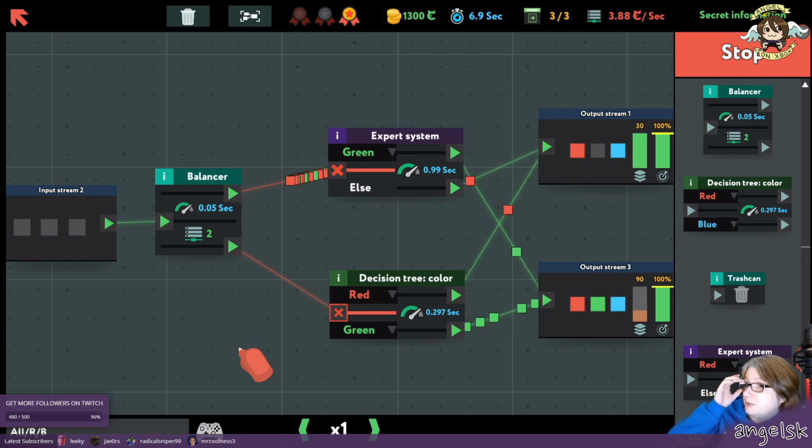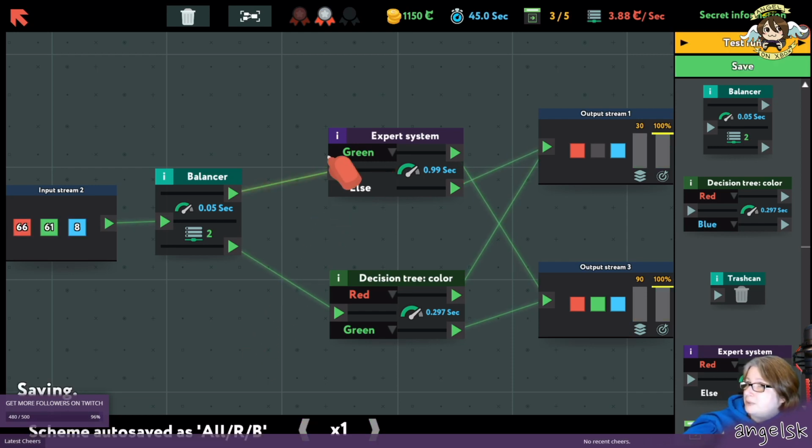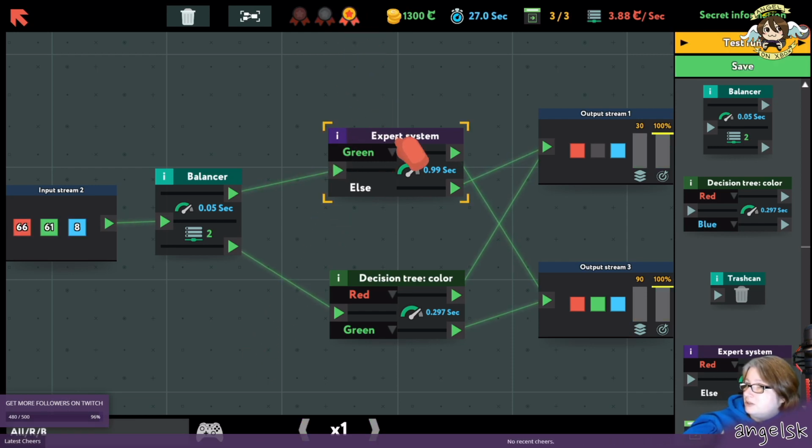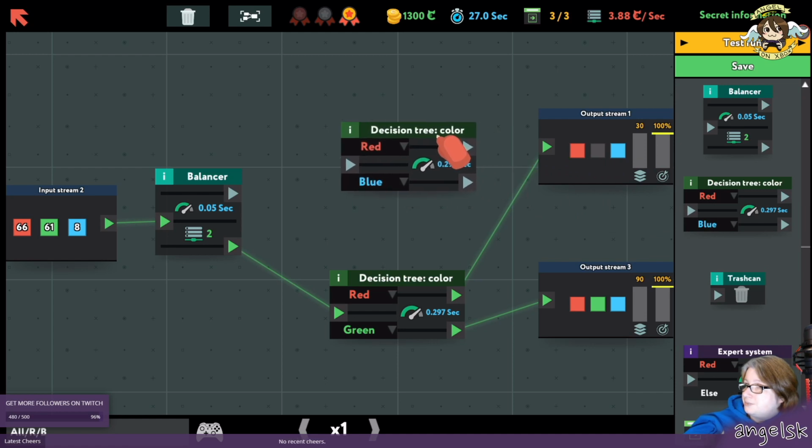The top one's getting populated quicker. This queue is full. Alright, stop! This is not right. Okay, we want decision tree color.